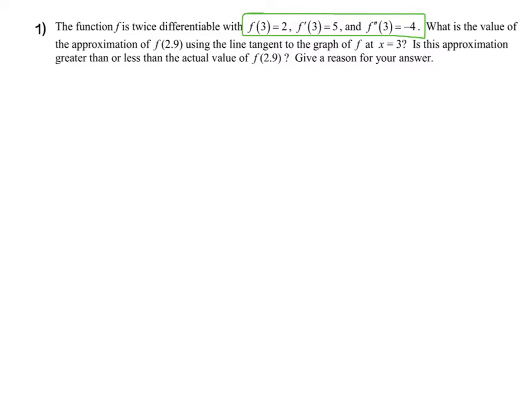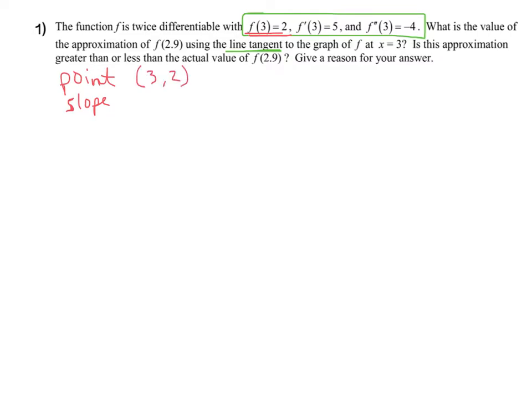Let's first deal with the first part of it. We need to use the line tangent to the graph at x equals 3. Let's recall, if I want to write an equation of a line tangent to a graph, I need two things: the point of tangency, and the slope. My point comes from the actual graph, and so f of 3 equals 2 gives me a point of (3, 2).